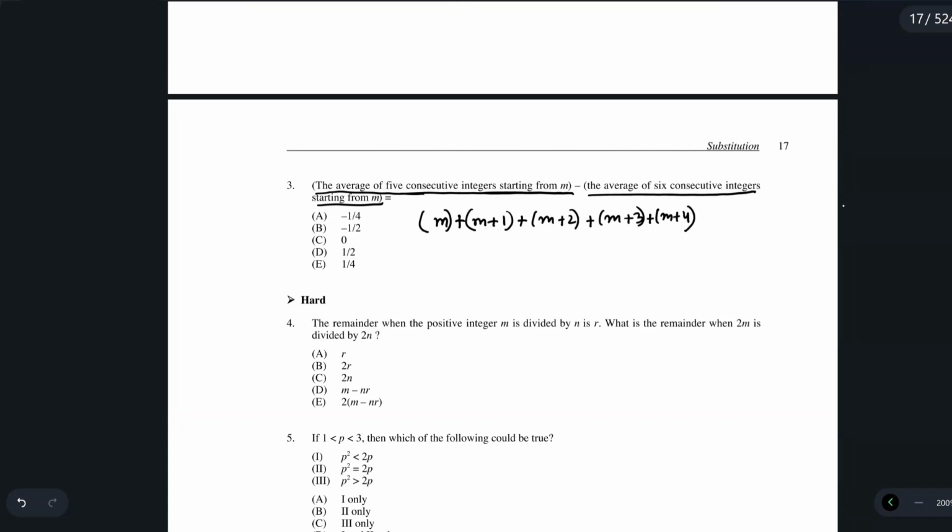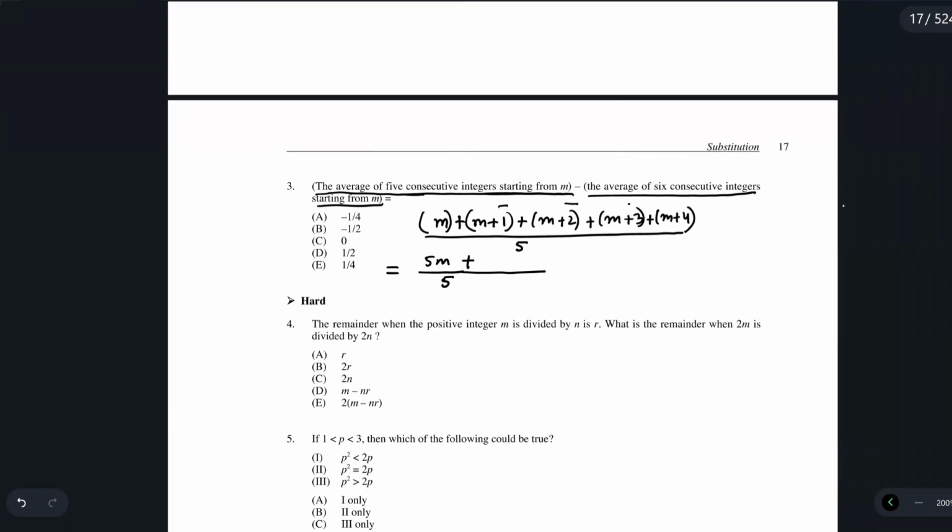And since it is the average, we should divide it by 5. Now let's simplify the first term. We have this 5, and there are 5 m's, so the sum would be 5m. And we have 1, 2, 3, and 4, which in total sum up to 10.